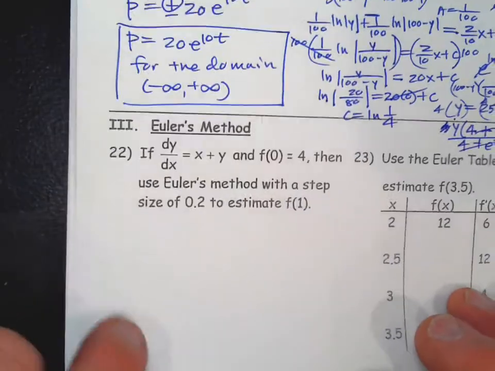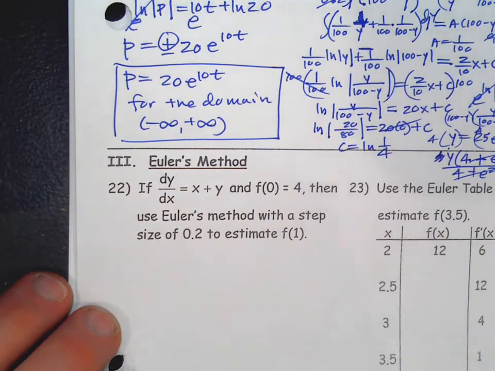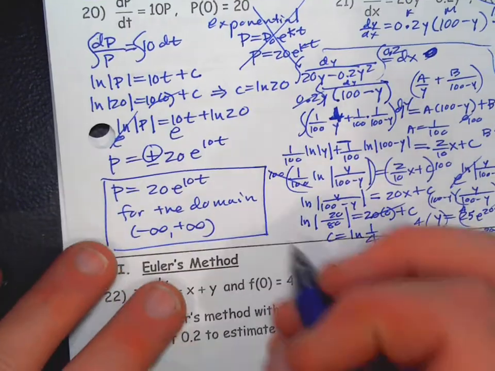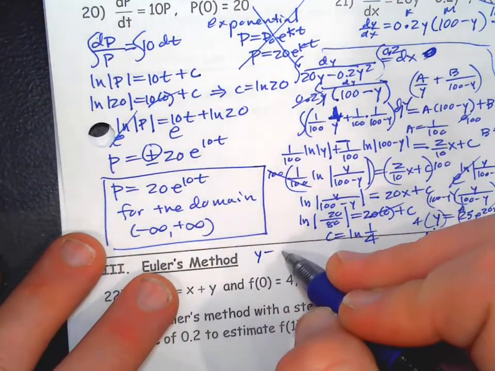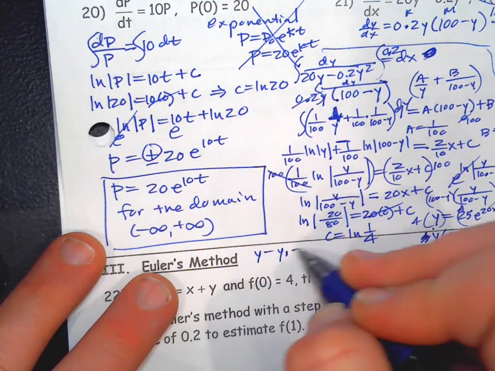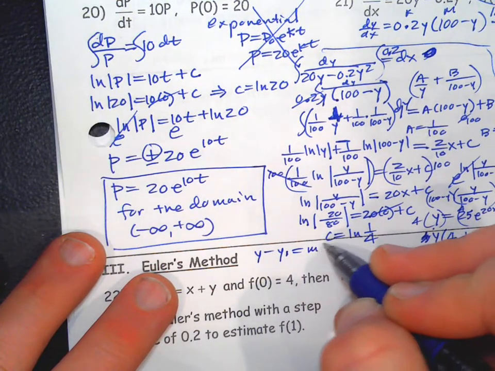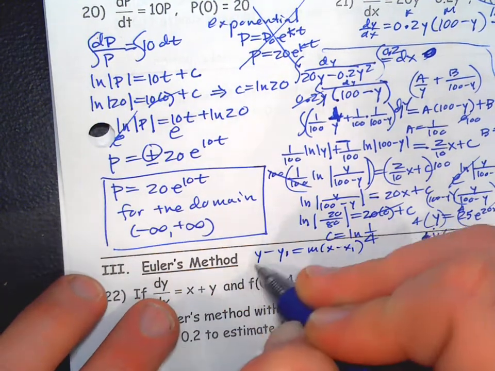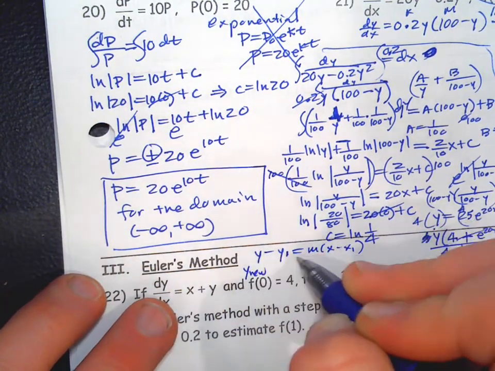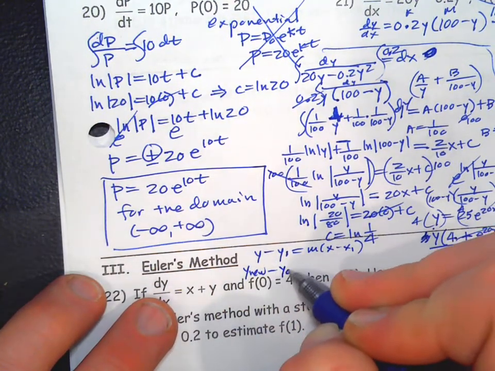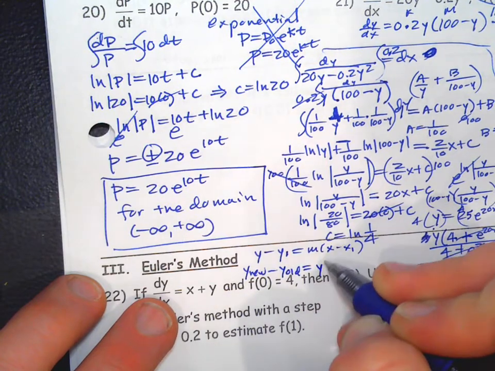Okay, Euler's method. We're doing tangent lines, so you should be able to just, how do you write the equation of a line? y minus y1 equals m times x minus x1. But we're going to say y new, the new point, equals this known point, which I'm going to call the old, and then the derivative is the slope.